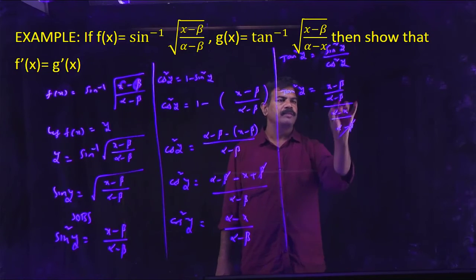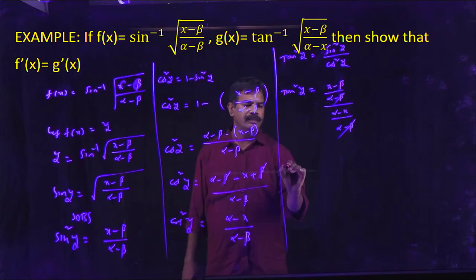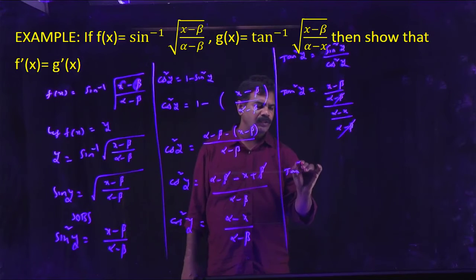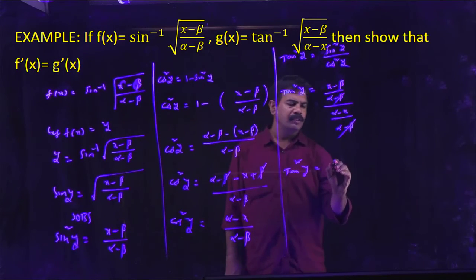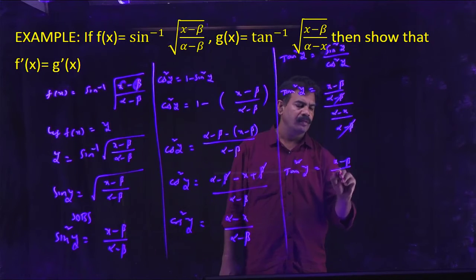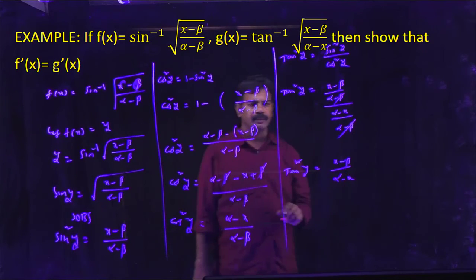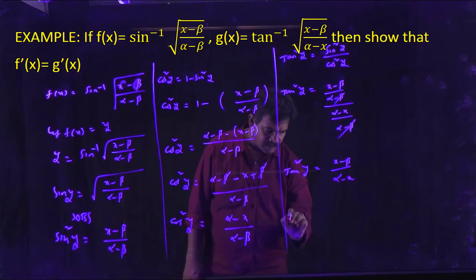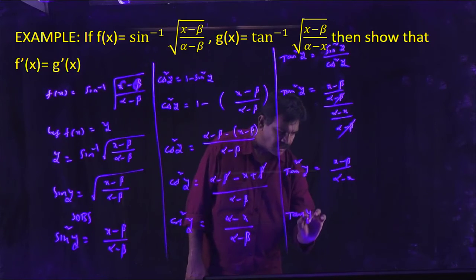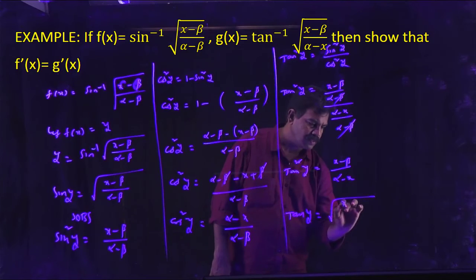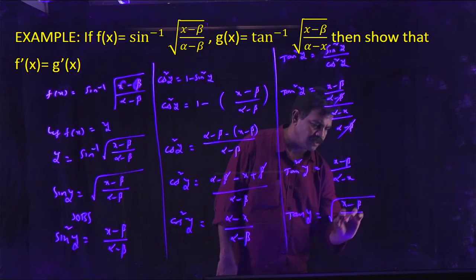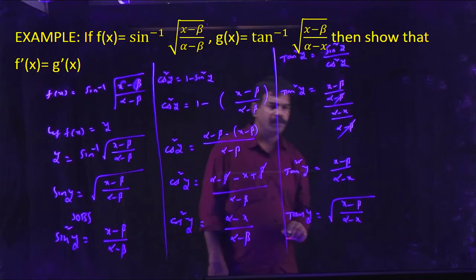So alpha minus beta cancel. We get tan square y is equal to x minus beta by alpha minus x. That is tan y is equal to root of x minus beta by alpha minus x.